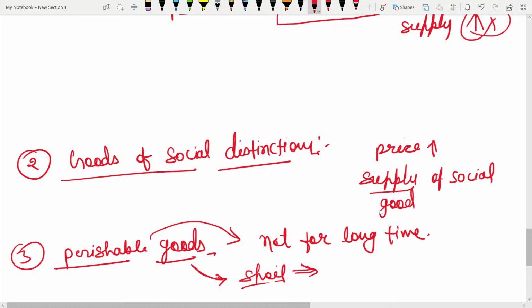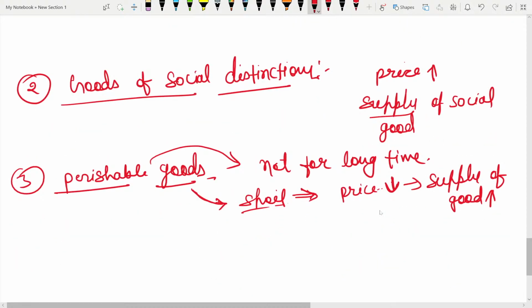Therefore, to earn some revenue, even if prices are lower, they have to supply more. They have to sell more of the goods. So supply of goods increases because these are perishable goods. So this also violates the law.